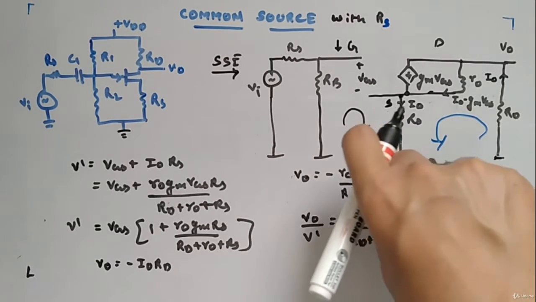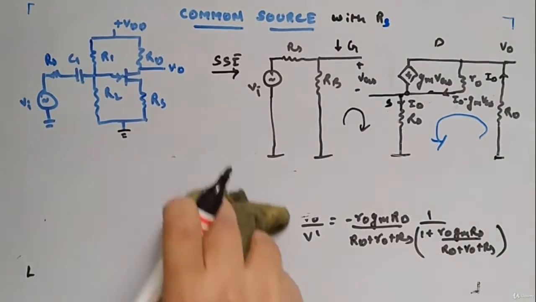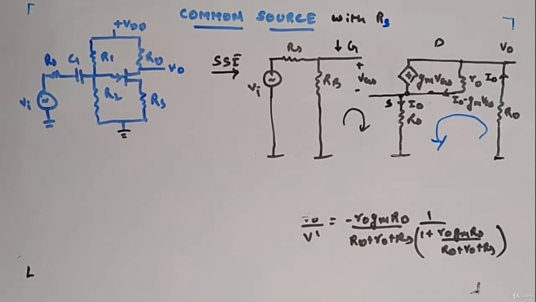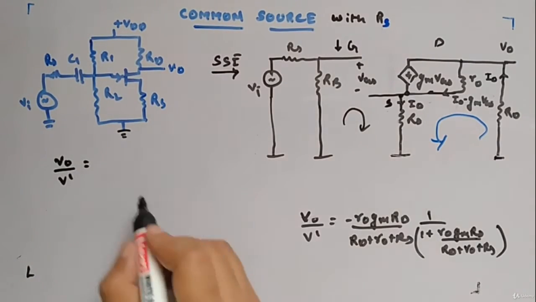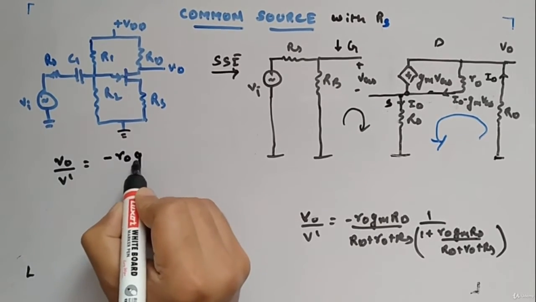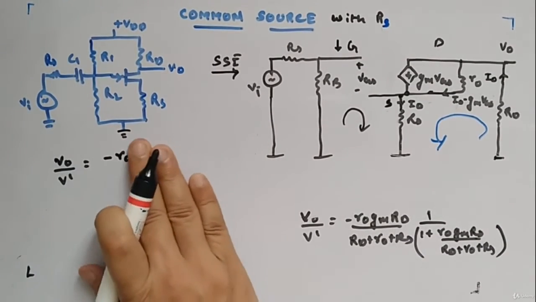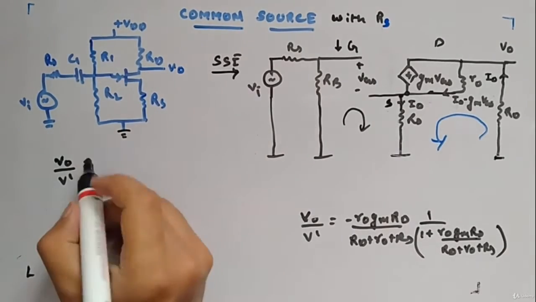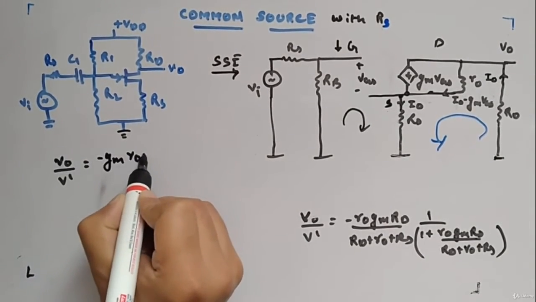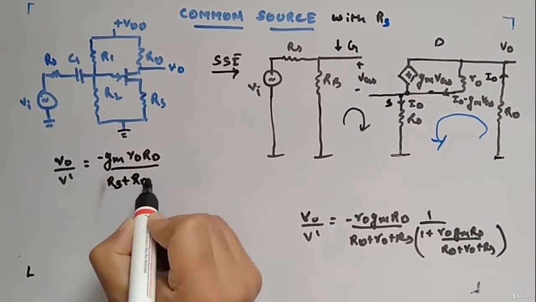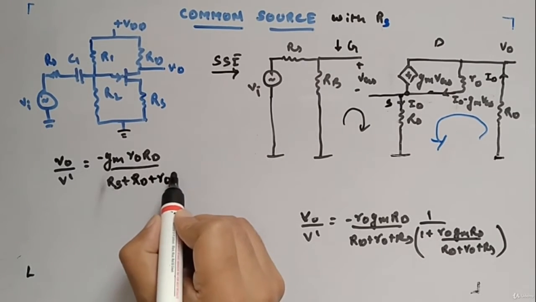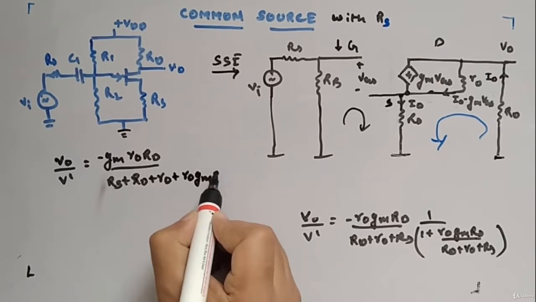So I'll remove everything because now I don't need them, since I have my internal voltage gain V naught by V dash. Now if you simplify this, I'll take the LCM and cancel these terms. What I'll remain with is minus GM R naught RD divided by RS plus RD plus R naught plus R naught GM RS.